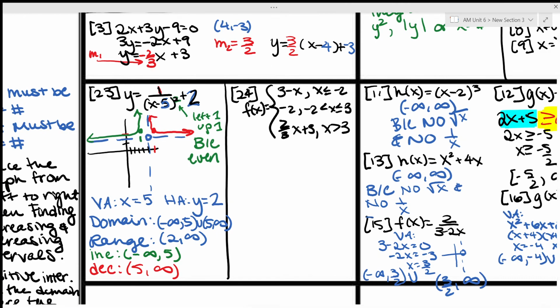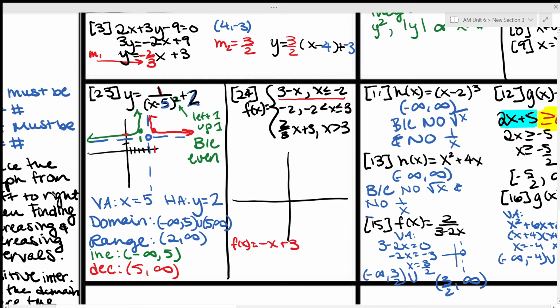I am going to graph each one in separate parts, okay? So when I look at this first part right here, I'm going to graph that as its own function. I'm going to rewrite it, though, to make it a tiny bit easier. F of x is equal to negative x plus 3.